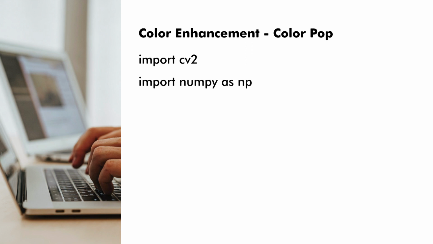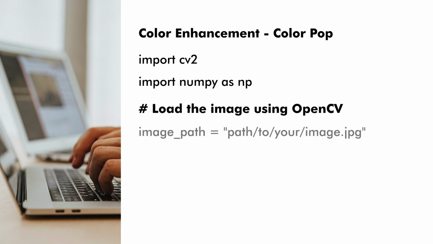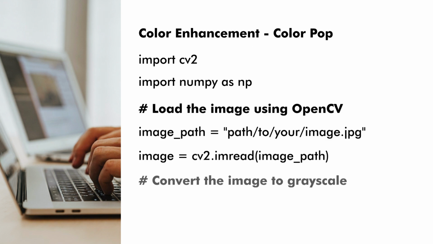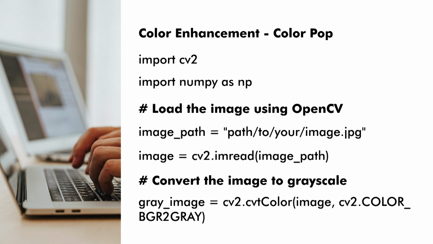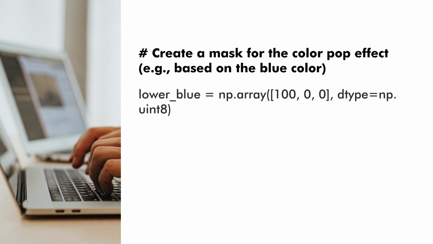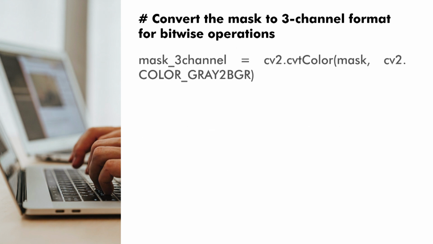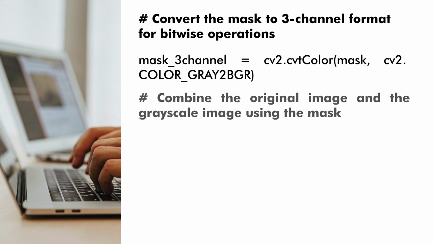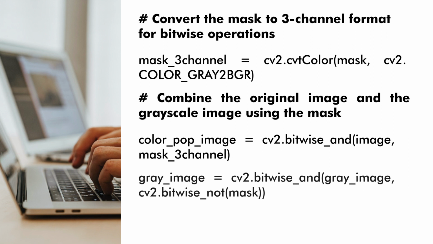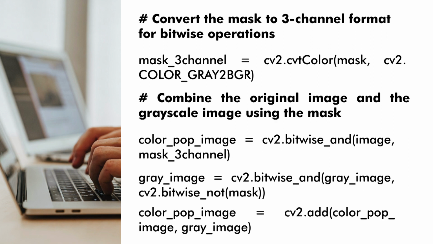First of all, we have to import the library, then load the image using OpenCV, then convert the image to grayscale, create a mask for the color pop effect, meaning based on the blue color, then convert the mask to 3-channel format for bitwise operation, then combine the original image and the grayscale image using the mask, then display the original and color pop images step by step. It is optional.